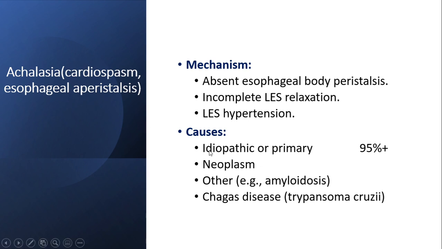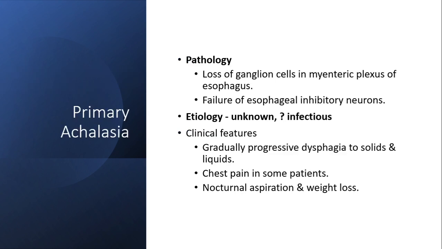That is the idiopathic type, or it can be related to neoplasm infiltrating the ganglia and other infiltrative disorders like amyloidosis or Chagas disease, a protozoal infection involving the wall and affecting the motor neuron or ganglion cells. This will result in loss of ganglion cells in the myenteric plexus of the esophagus.